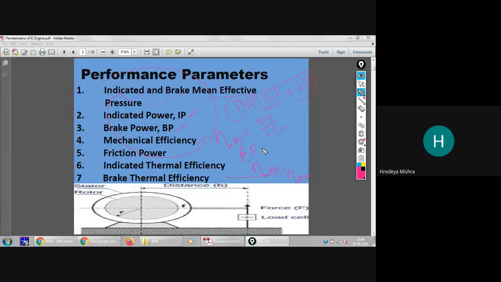And what is the friction power? Friction power is IP minus BP. Now indicated thermal efficiency and brake thermal efficiency. We will discuss all the things one by one.